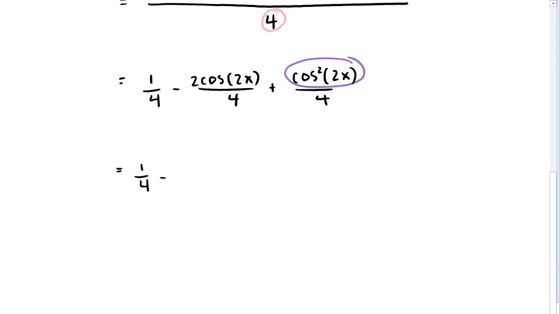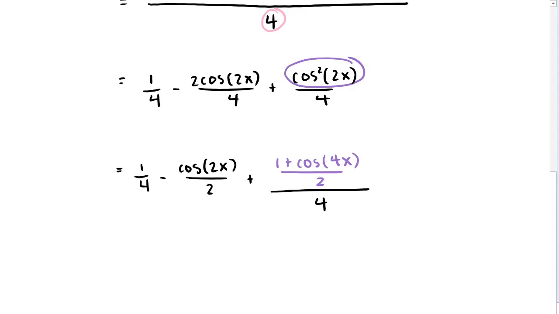The second term, we can do some reducing here and rewrite this as cosine of 2x over 2. And this last term, that cosine squared of 2x, can be rewritten as 1 plus cosine of double the input angle, so 4x, all over 2. And then, well, that was the numerator. This is then divided by 4.